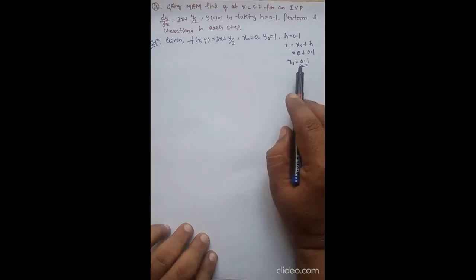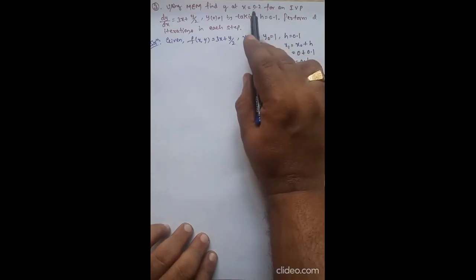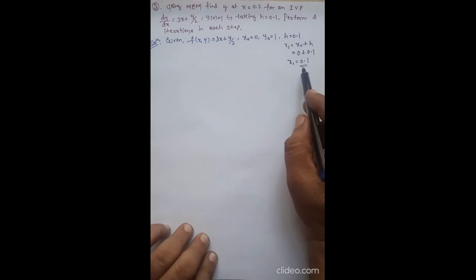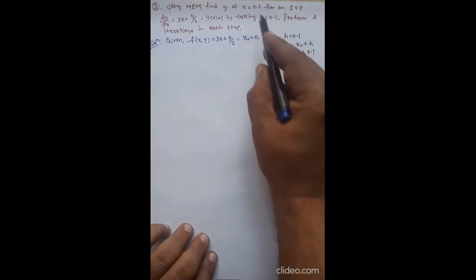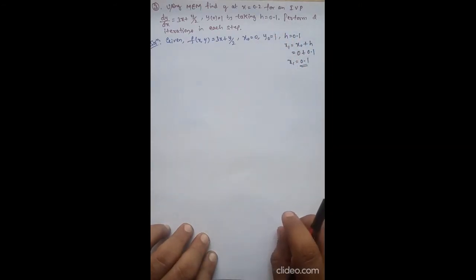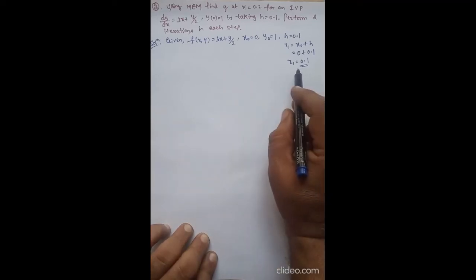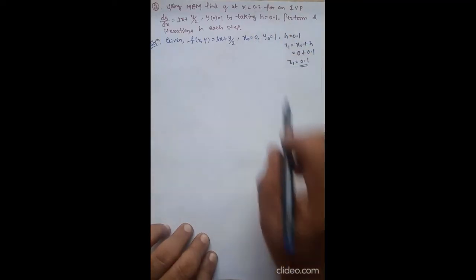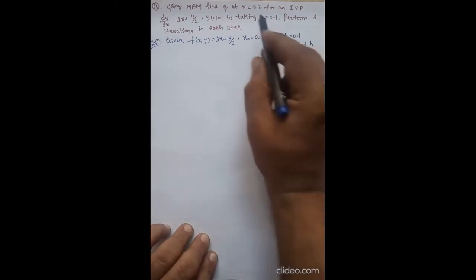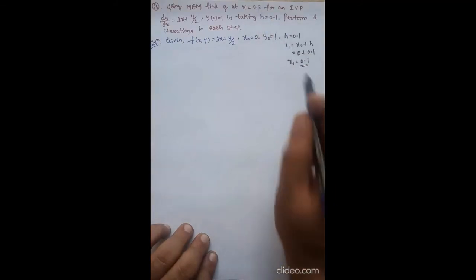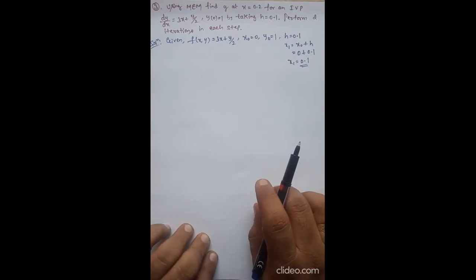But if you compare this with the value of x, x here is 0.2, but x1 is 0.1. Already we have discussed in the last problem, if x1 is equal to x, then the problem will be done in one stage. If x1 is not equal to x, in such case the problem will be done in two stages. So here x1 is 0.1, x is 0.2. These two are not equal. So we have to do the problem in two stages.